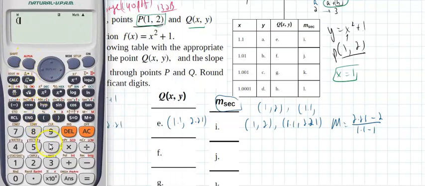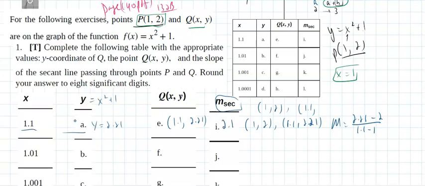If I take parentheses 2.21 minus 2 and divide that by parentheses 1.1 minus 1. So we're going to do the first problem the long way, then I'm going to show you how to use the calculator to figure that out. I'm getting the slope of the secant to be 2.1.